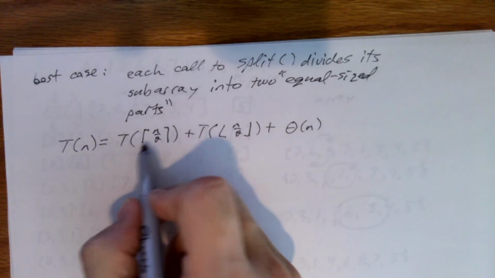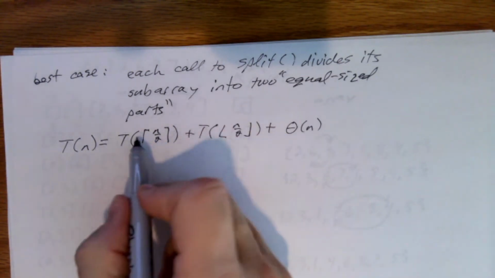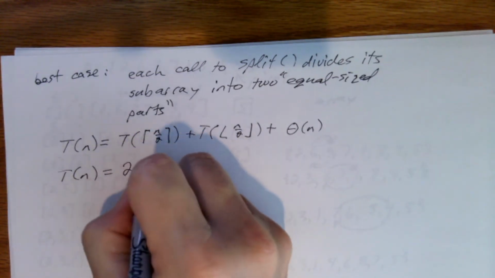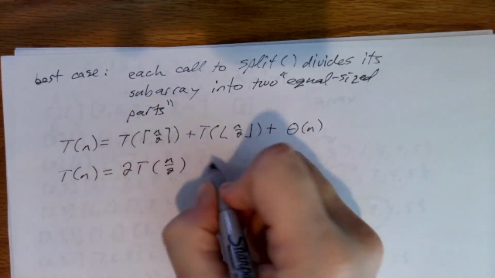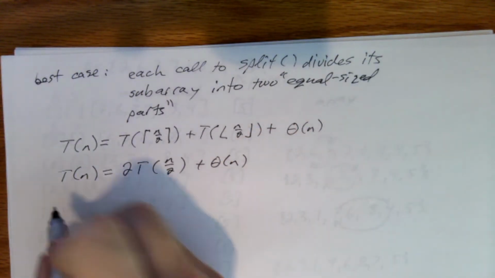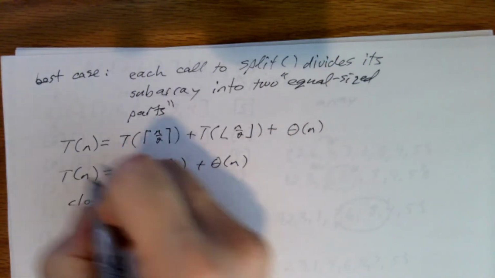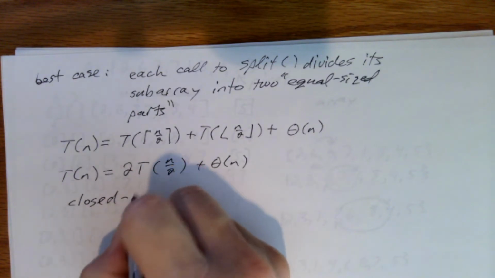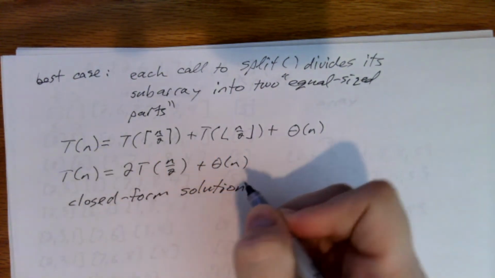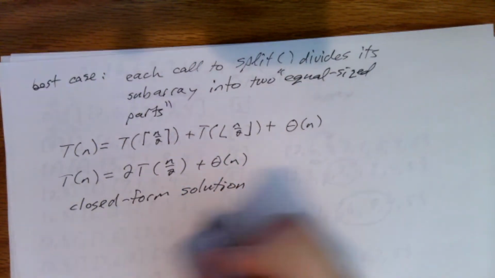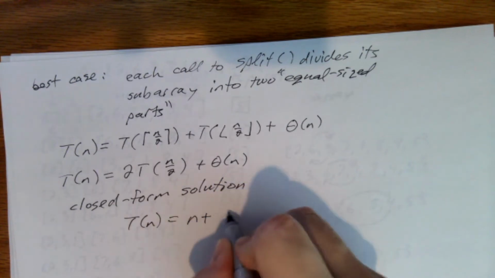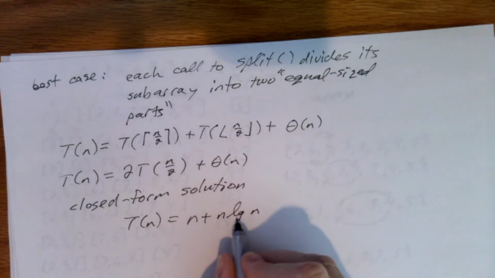So if we were to pretend the floor and the ceiling aren't here, then really what we have is that T of n is equal to 2 T of n divided by 2 plus this. And the closed form solution, if you were to solve the recurrence, I'm not going to do it, but the closed form solution of this would be T of n is equal to n plus n log of n, that's base 2.